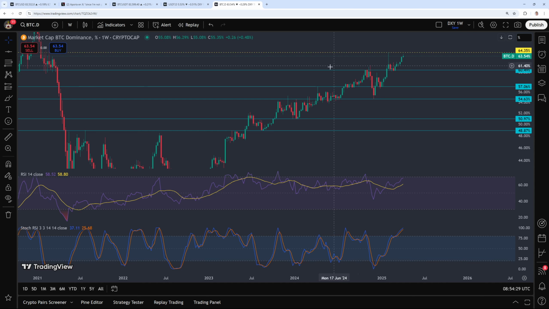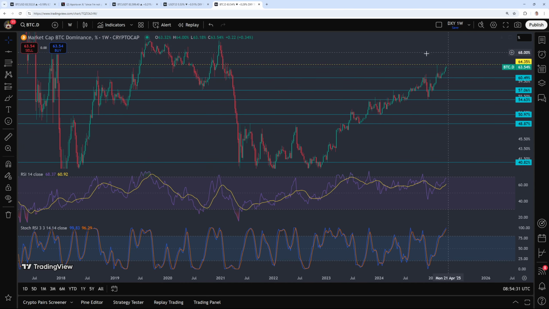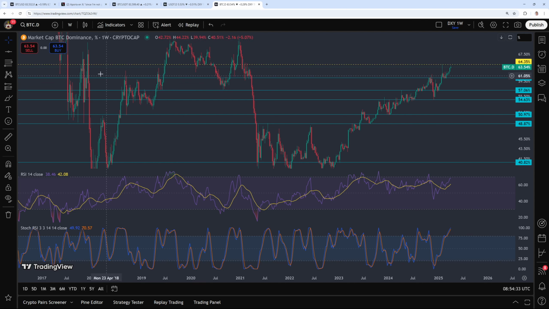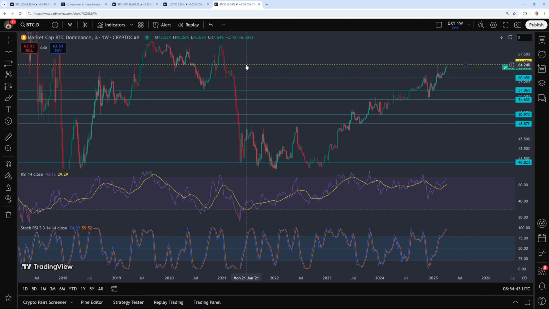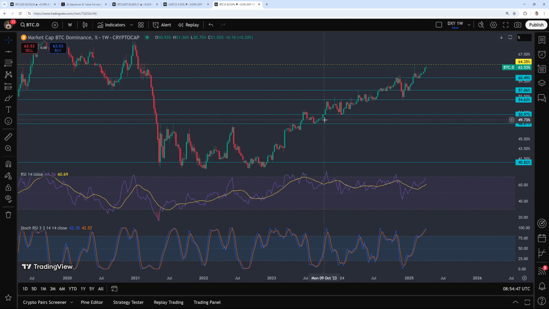And I think that's very telling. I said that this level is also important. It was a resistance back here in 17, became kind of support in 2020, resistance here in March 21. So this could be an important level in the high time frame.